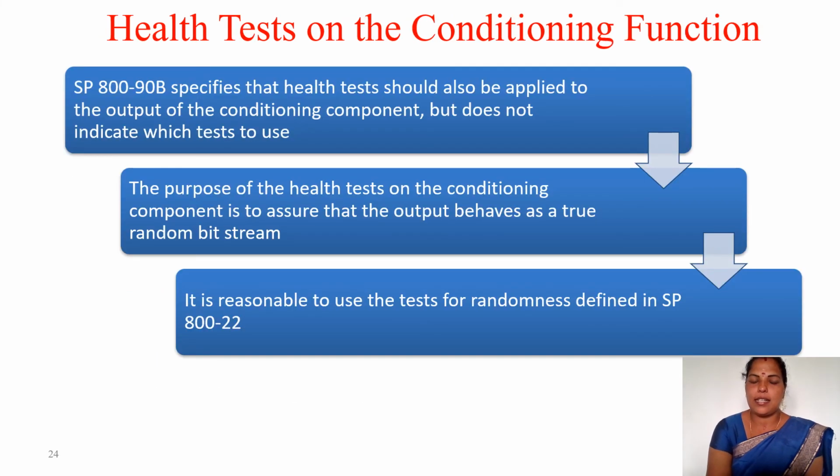So here is the gist of that. SP 800-90B specifies that health tests should also be applied to the output of the conditioning component, but does not indicate which test to use. Because we have two tests, it doesn't mention which test is to be used here. The purpose of the health test on the conditioning component is to assure that the output behaves as a true random bit stream. It is reasonable to use the tests for randomness defined in SP 800-22.